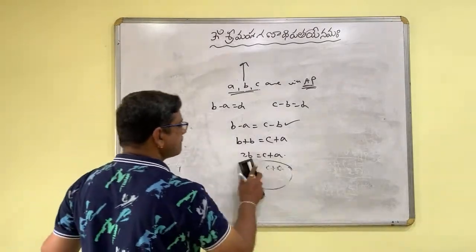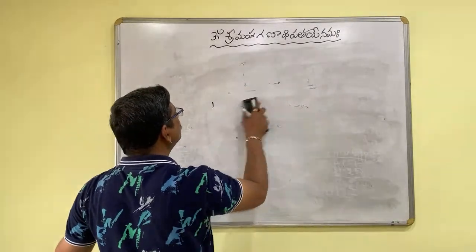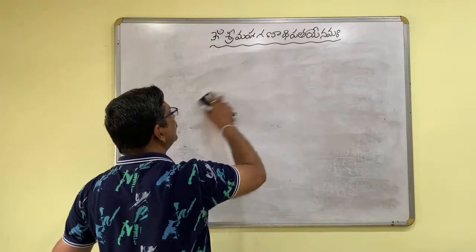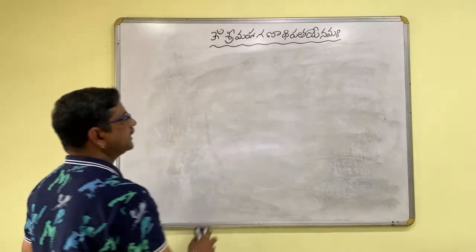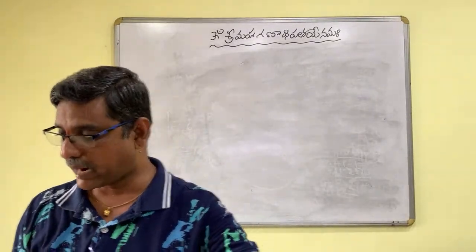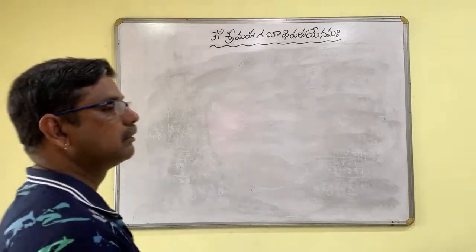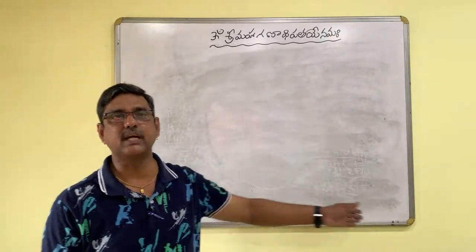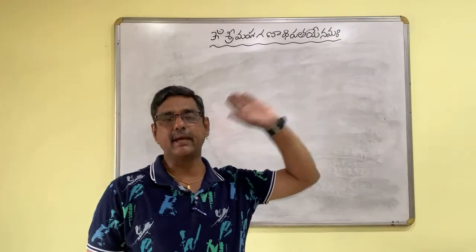Now you need to note down three important points over here. There are some problems related to AP where they give problems like: there are 3 numbers which are in AP, 4 numbers which are in AP, 5 numbers which are in AP.